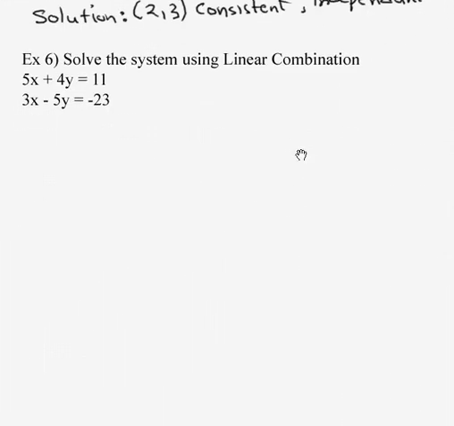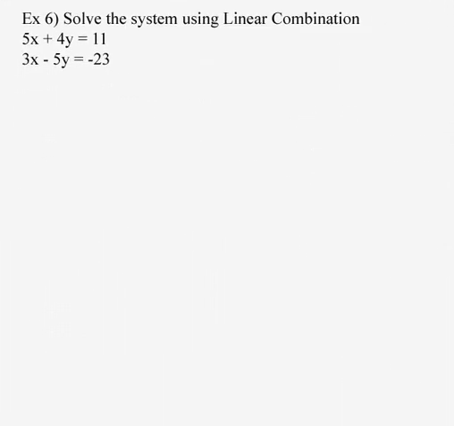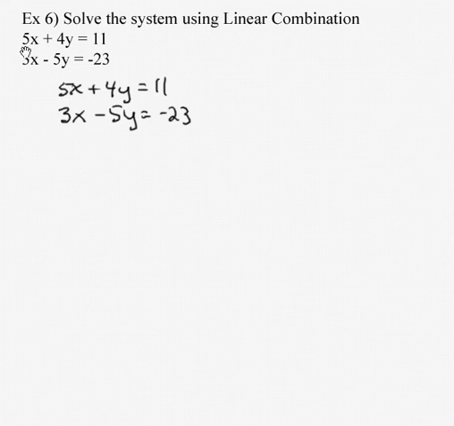Alright, let's look at this last system of simultaneous equations. And in this case, there is nothing I could multiply 3 by to get 5, or 4 by to get 5. So we're going to have to multiply both equations by some number to drop out one of the variables. And in this case, if we multiply the top equation by -3, bottom equation by +5, and it could have been +3 and -5.